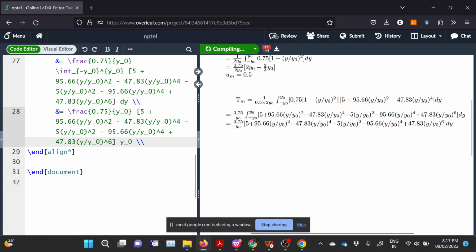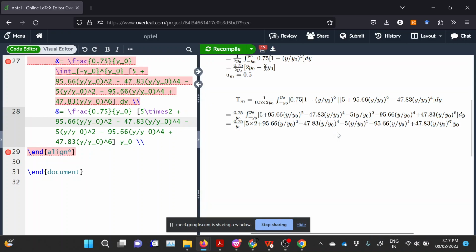So we will just deal with the coefficients now. So 5 becomes 5 y naught, and y goes from minus y naught to y naught, so that will become 2. So we will have 5 multiplied by 2 in the first term. Then in the second term, this becomes y squared. After integrating, we will have y cubed by 3.